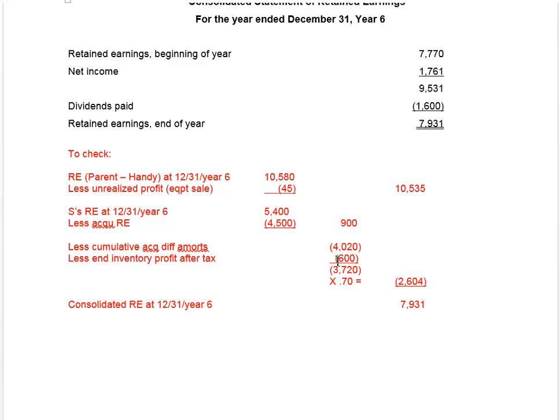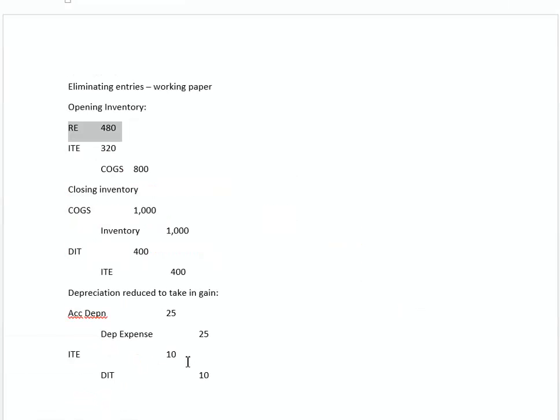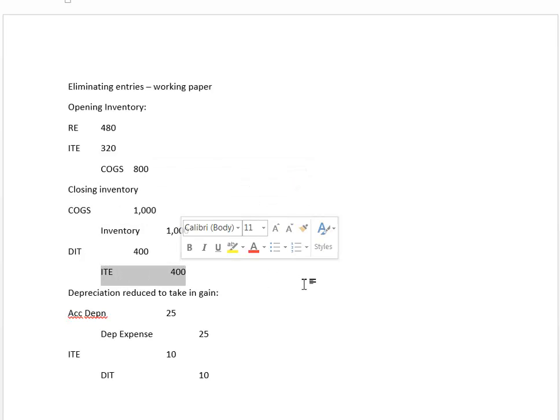And then don't forget, we've got ending inventory profit. On an after-tax basis, we reduced the profit by $1,000 pre-tax and we reduced the tax. So at net, there's a $600 adjustment that is going to reduce our profit, right?